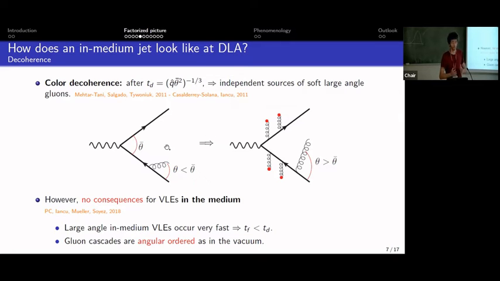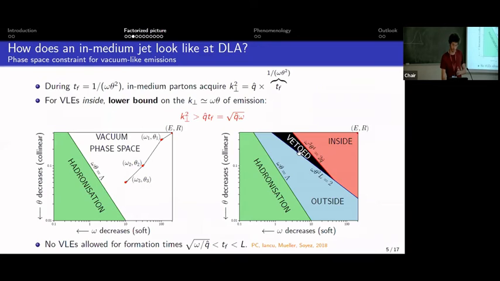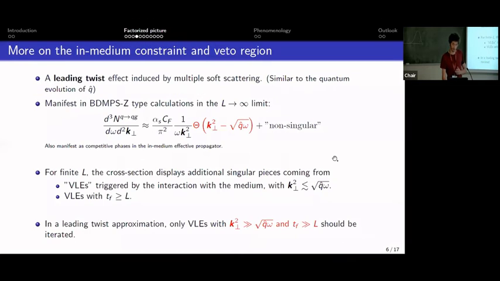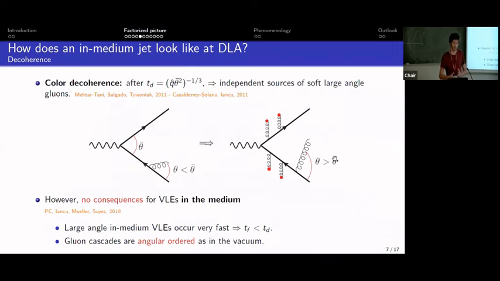And this is a problem, because we know that the full DLA picture of jet evolution in the vacuum is based on this angular ordering property. So if such emission were allowed inside this domain, we would need to change the way we build, for instance, Monte Carlo parton showers inside the medium.